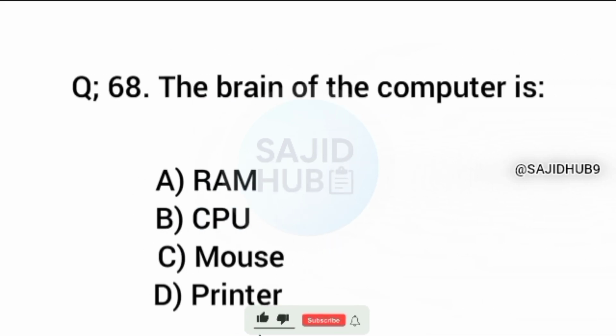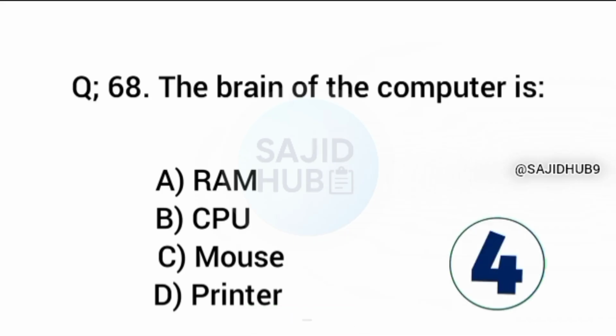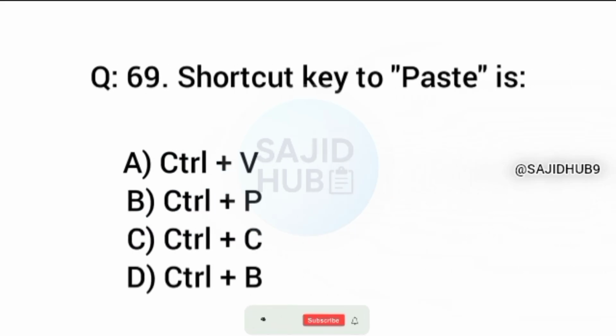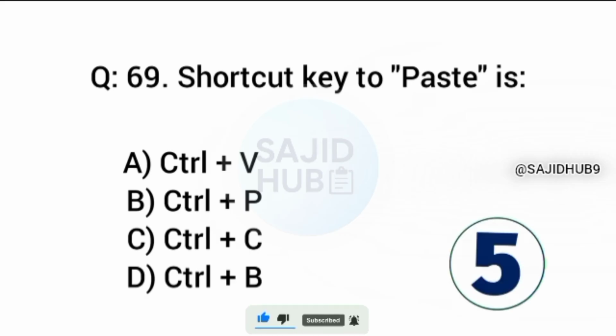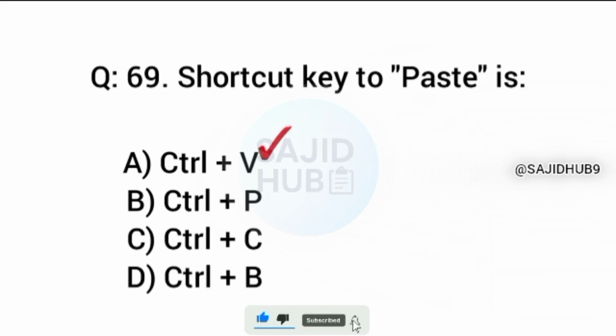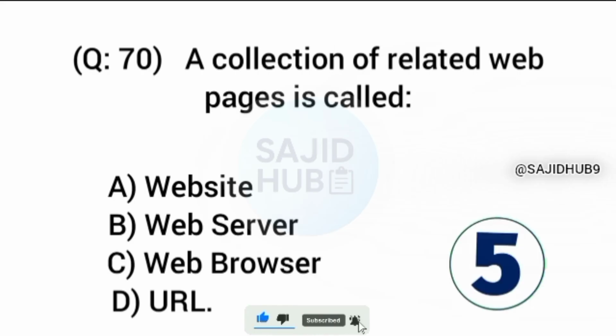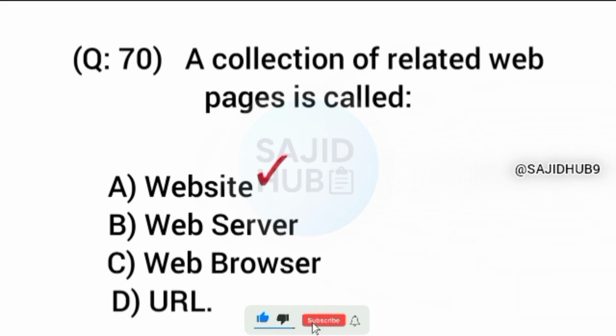The brain of the computer is CPU. Shortcut key to paste is Control plus V. A collection of related web pages is called a website.